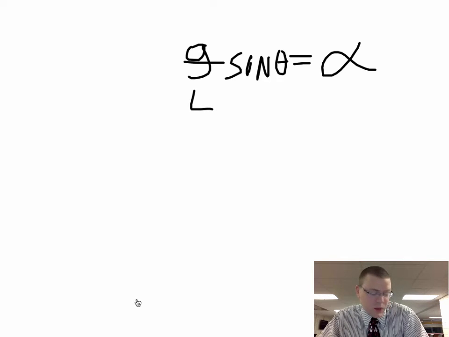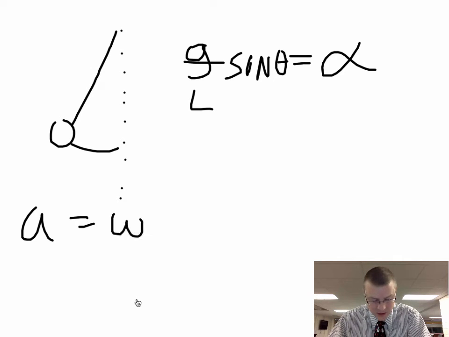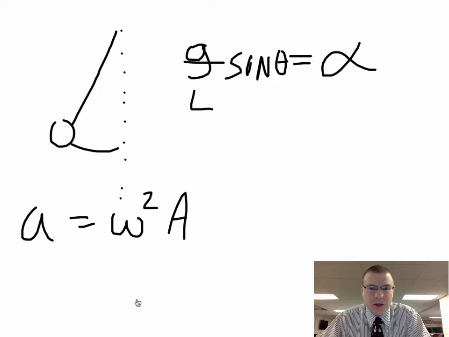Now one thing that we want to do with this and translate this into simple harmonic motion is that we can say that the acceleration that we experience when you pull it back a certain distance from the amplitude, we know that the maximum acceleration from equilibrium is equal to omega squared times the amplitude. And since we now know the acceleration from our forces, our acceleration is g over L sine of theta.